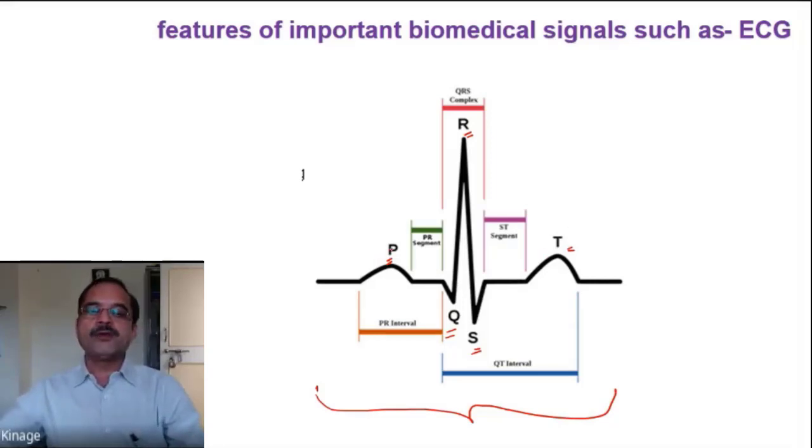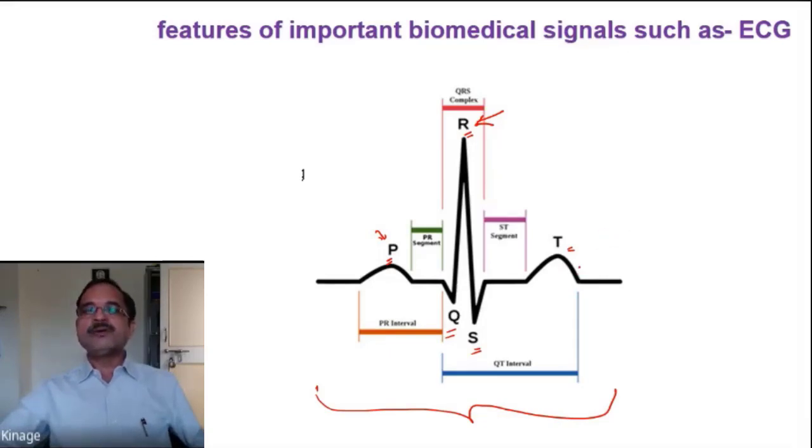That means the meaning of this P wave, and this R wave, which is actually the peak. R is the peak, S is the bottom peak. So what happens at point P, point Q, point R, point S, point T, and so on, we are going to discuss in unit number 2.